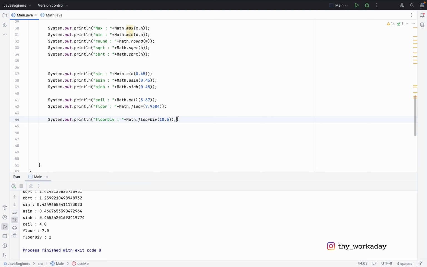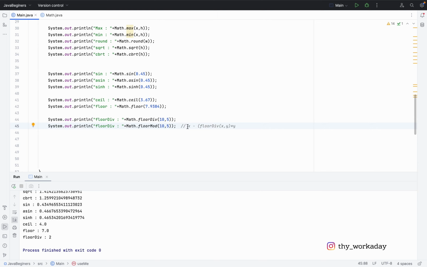Okay, and it has mod, but this is a little bit complicated. The formula for this is x minus floor div of x comma y into y.